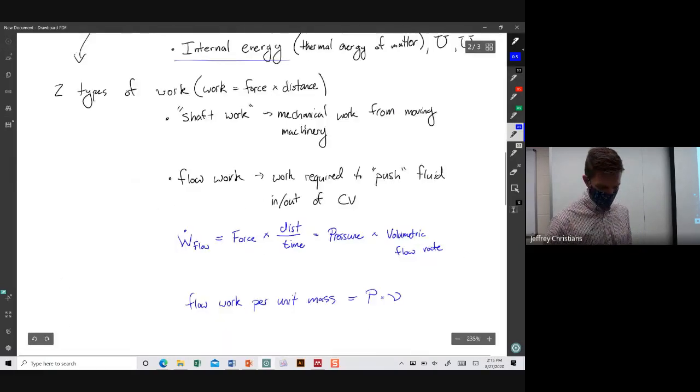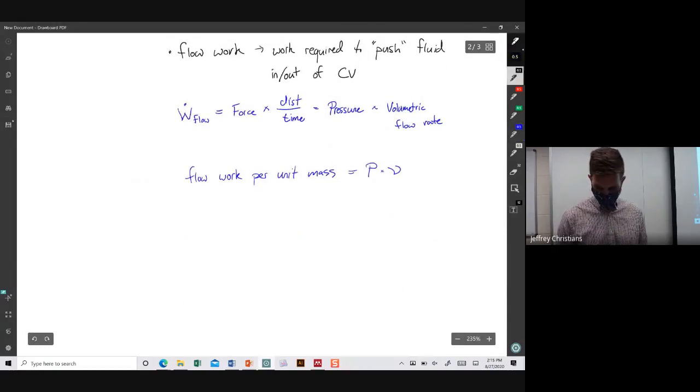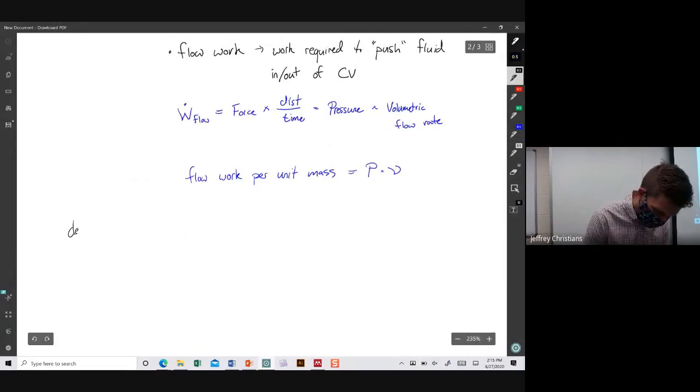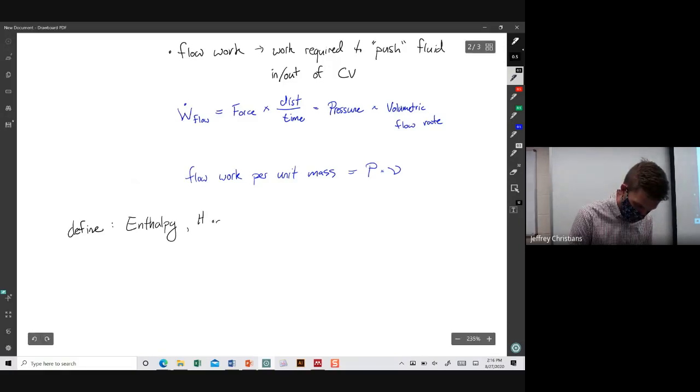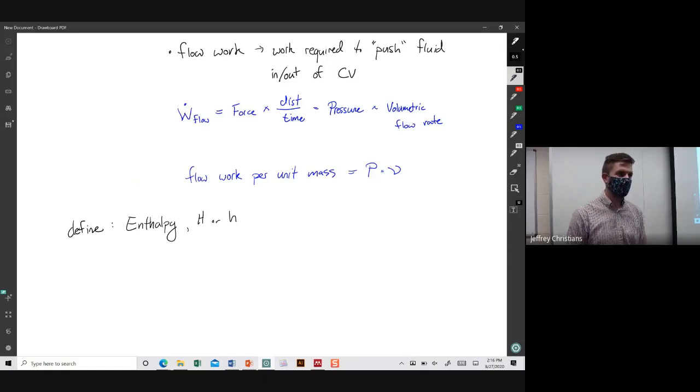So just for simplicity, we combine these and define what we call enthalpy, which we give the variable h. We define enthalpy, so capital H or lowercase h or h dot, whatever our specific units happen to be.